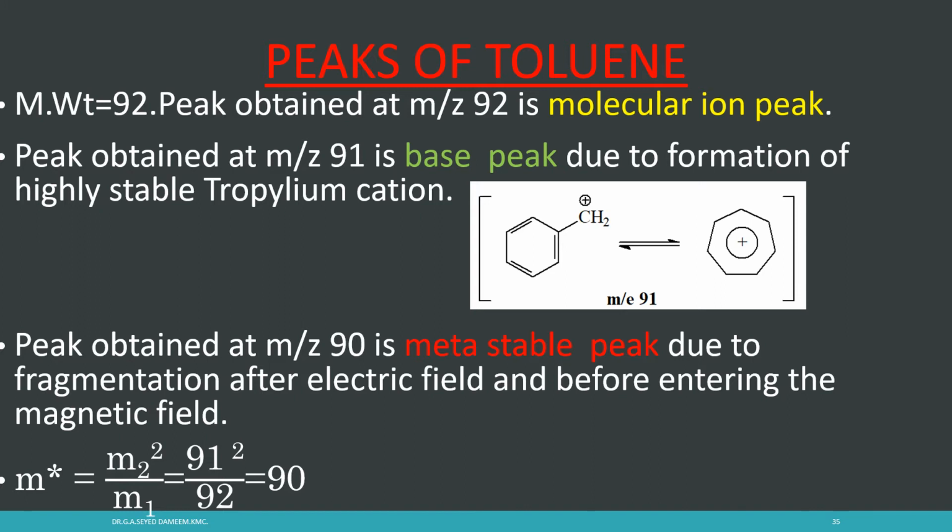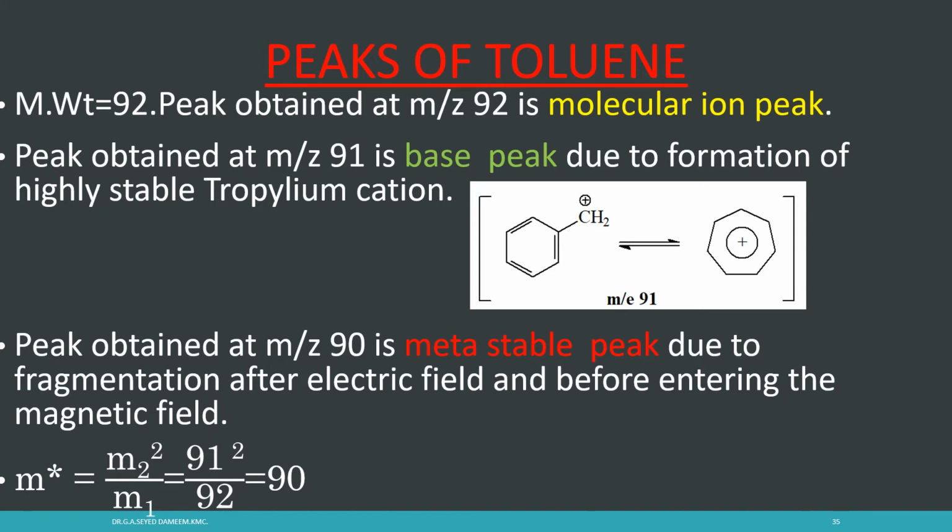After formation of the molecular ion, it eliminates a H dot, forming a special type of cation, the tropylium cation, which has 7 carbon atoms with delocalization of pi bonds and positive charge. Compared with other ions, this ion has greater stability. So wherever this ion forms, it gives the base peak.